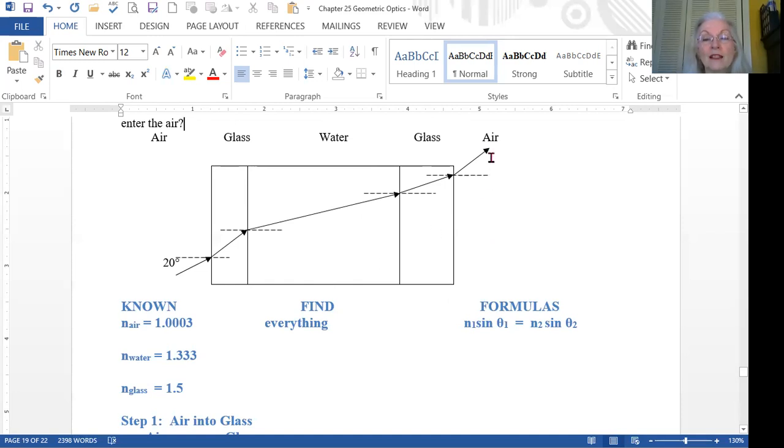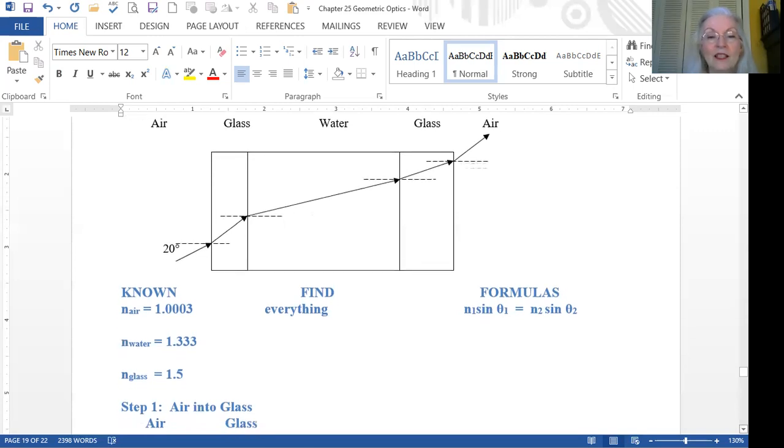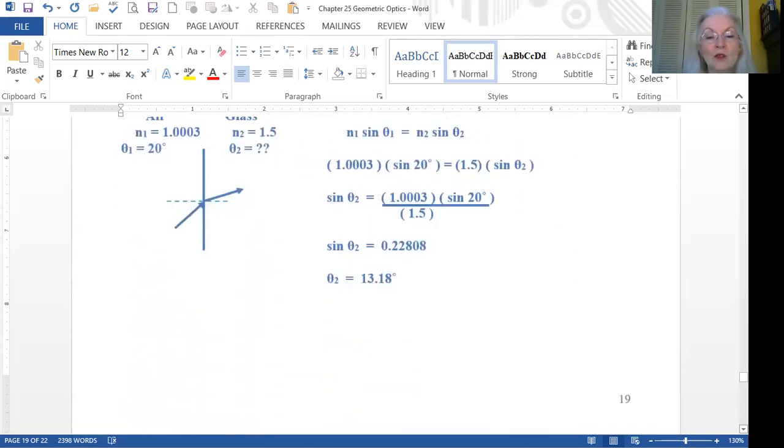We would not be exiting at 20 degrees. If one pane had been glass, but the other had been plastic, we would not be exiting at 20 degrees. So it's all about the symmetry. All right, let's look at a non-symmetrical problem.